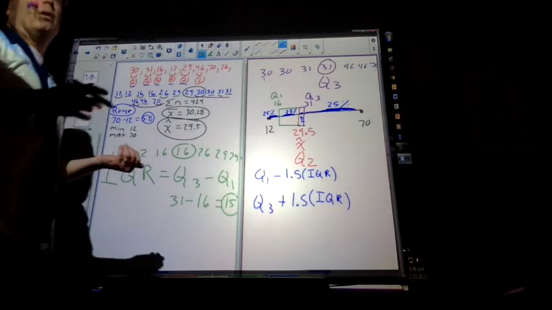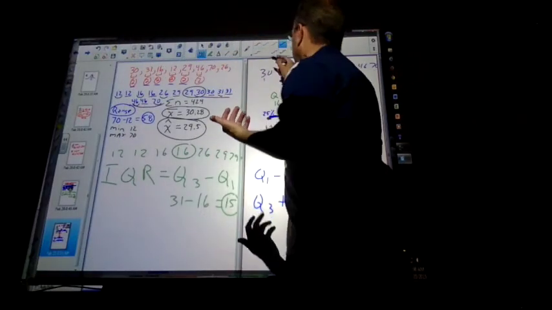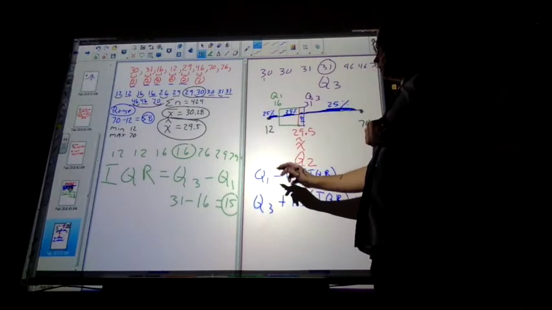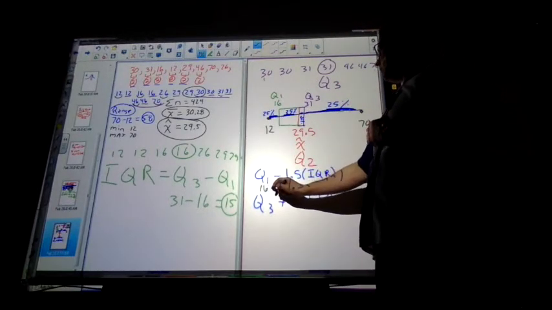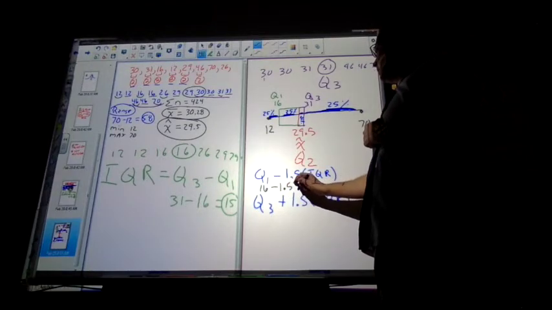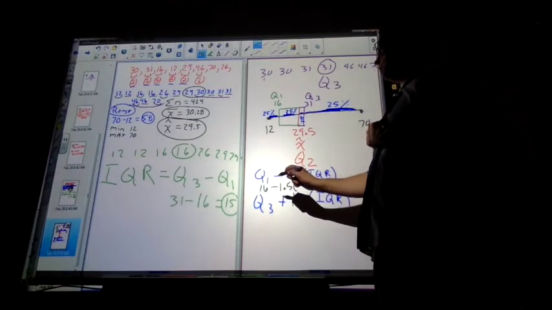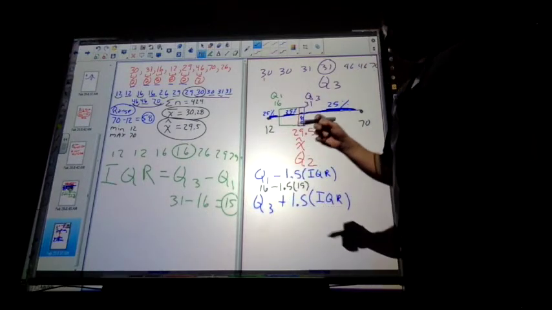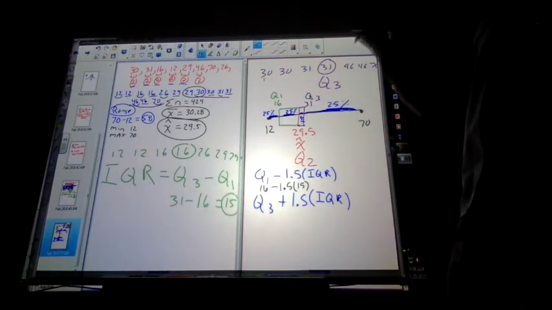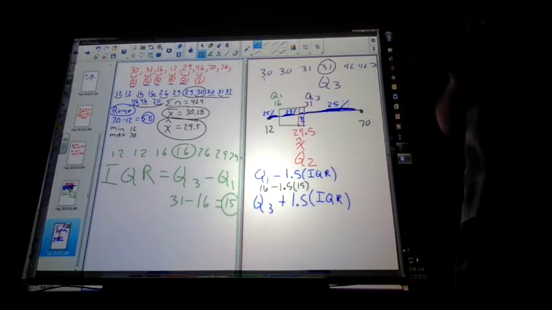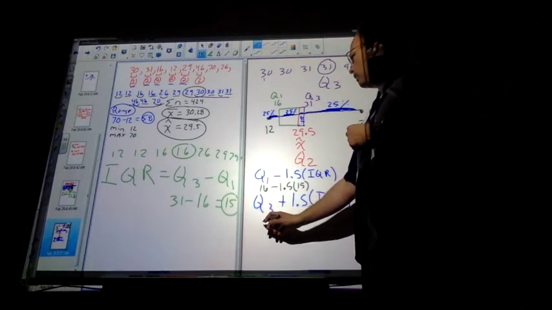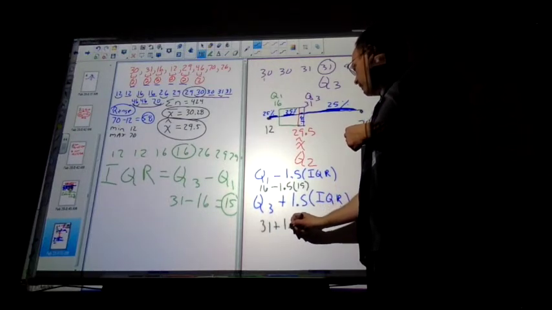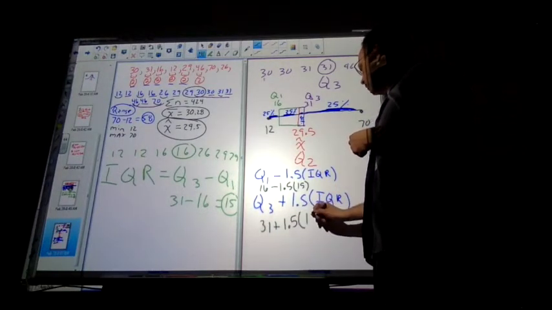There's no reason to have them memorized because in statistics, I think you'll be able to look them up. All right, so Q1 is what? 16 minus 1.5 times the IQR, and the IQR we found to be what? 15. Could somebody do that for me real quick? Just on your calculator, you go 16 minus 1.5 times 15. It'll do the order of operations. While you're doing that, I'll write this one down. So Q3 is 31 plus 1.5 times the IQR, which is 15.